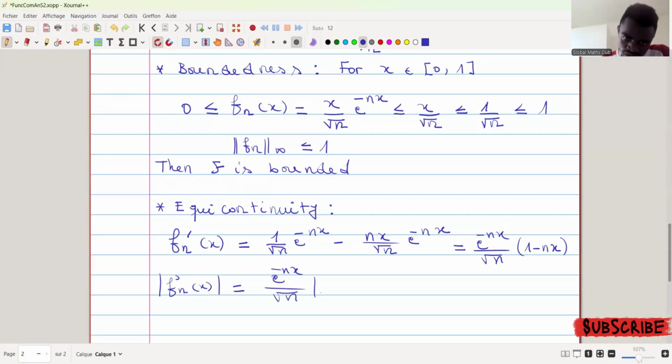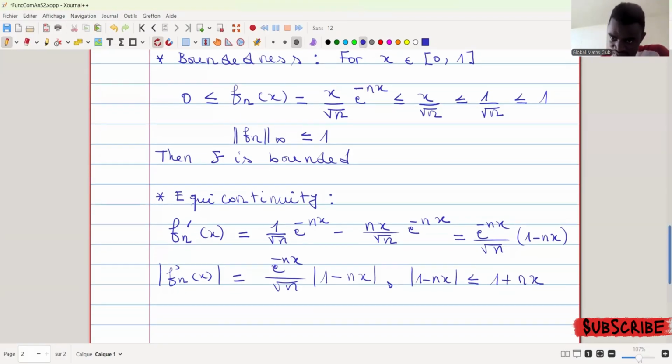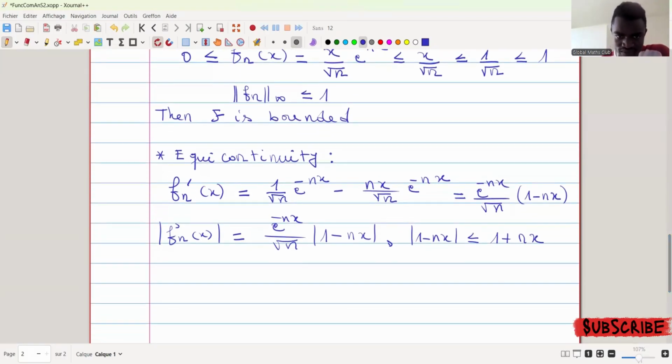So the absolute value is going to be here. Now, as you know, the absolute value of this, by using the triangle inequality, is less than this. It's no minus, it is plus, as you can see. So it means that this one is less than.